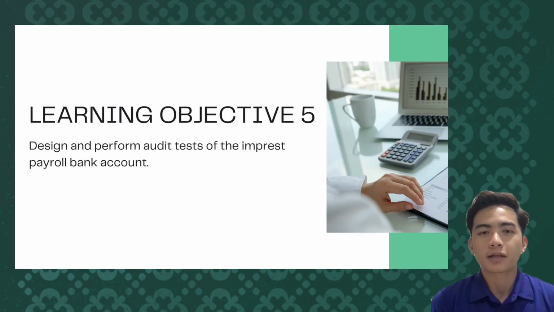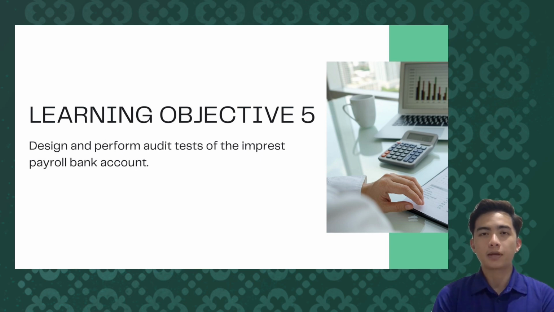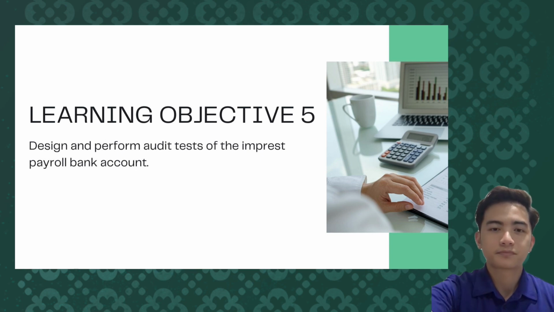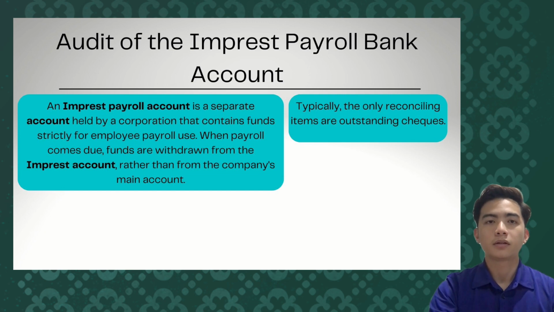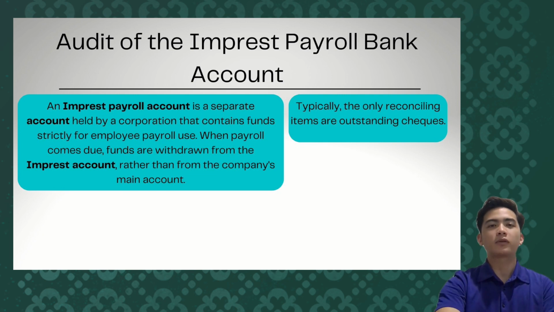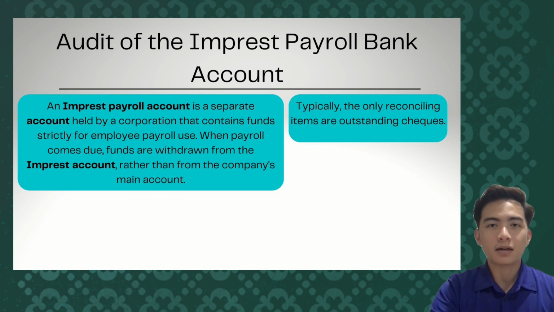Hi, I am Abdul Hakim and I will be presenting learning objective 5, which is design and perform audit tests of the imprest payroll bank account. To cover payroll checks as they are issued, cash is placed into the imprest payroll account if needed. If the employees cash all of the checks, the account will be reduced to zero.